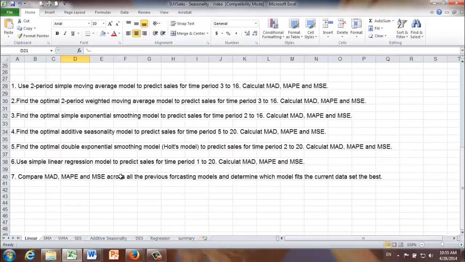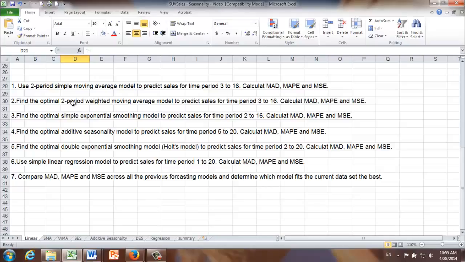First, we would like to use a 2-period simple moving average method to predict sales for time period 3 to 16, and then we're going to calculate MAD, MAPE, and MSE. And we're going to do similar things using some other forecasting methods as well.